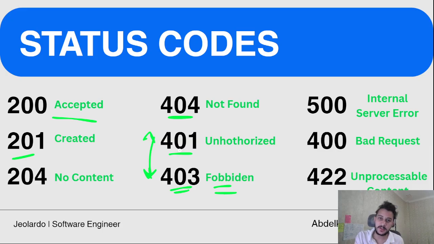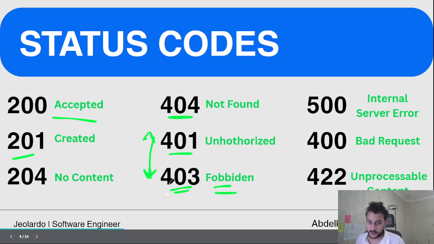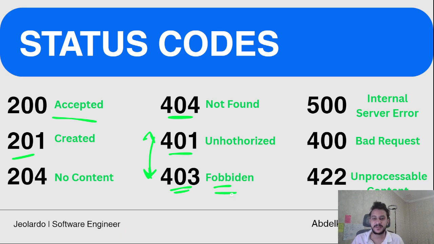For example, in the e-commerce system, you can't access the order, but you can access, for example, the payment or the product or the review. So this is for when you don't have access to some protected route, okay? But with forbidden, some protected routes can only be accessed by the admin.